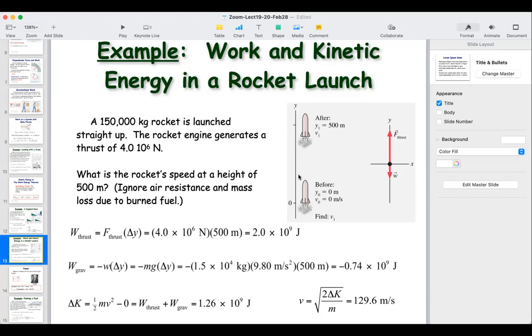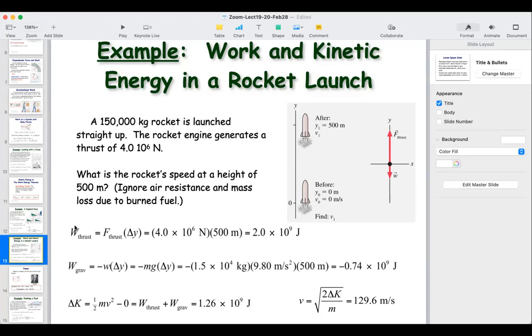What are the forces that are playing a role here? So we have gravity, and it's going down, as we know. And then we have the force of the thrust, which is provided here. Okay, very good. To find the final velocity, we need to use the work energy theorem.